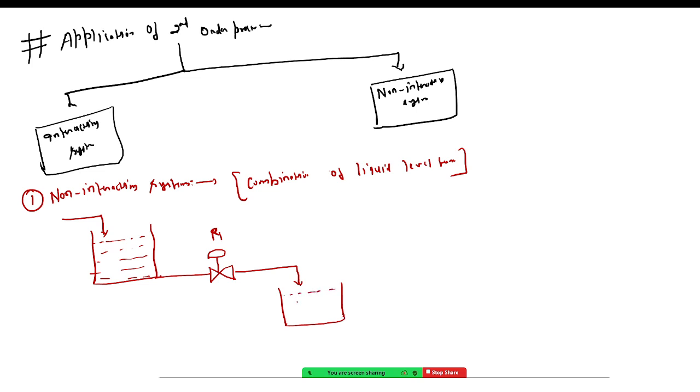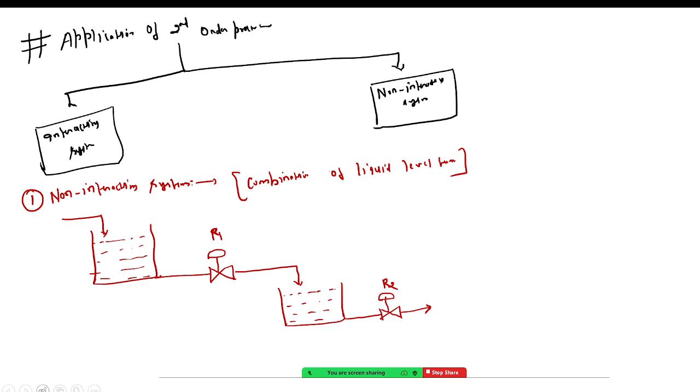And the second tank will start filling, right? And here there will be a valve to analyze the outlet flow of this particular tank, and the resistance incurred by the valve is R2. Is it fine?